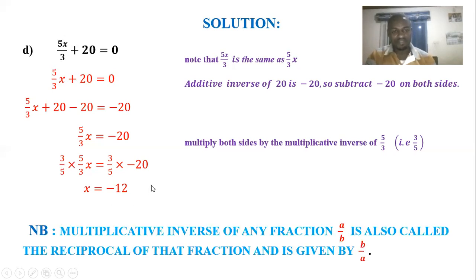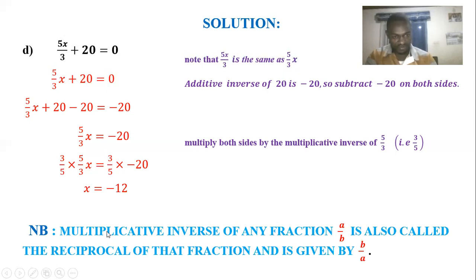And here we have noticed something. Multiplying both sides by the multiplicative inverse of a fraction simply means we are multiplying both sides by the reciprocal of that fraction, because for any fraction, the multiplicative inverse is the reciprocal.